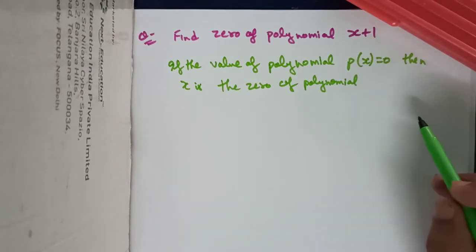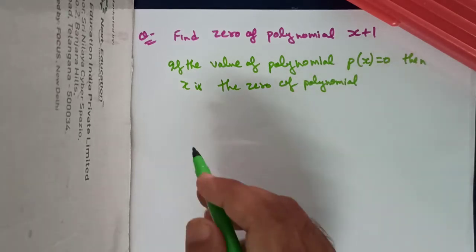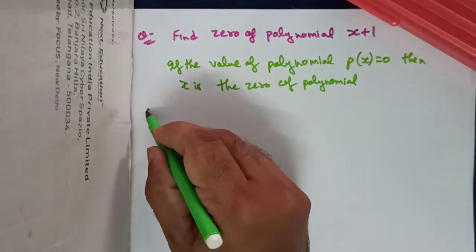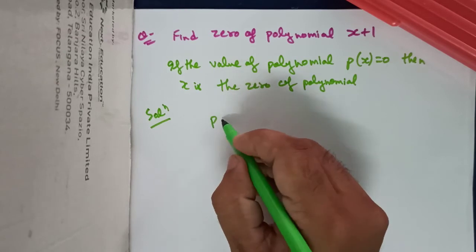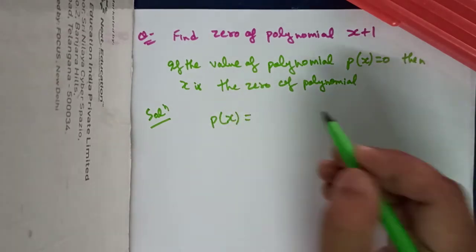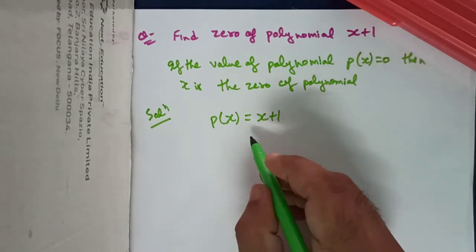Let us understand this in an example. The question is, find the 0 of the polynomial x plus 1. So for solving this type of question, first of all, what is given? A polynomial is given to us, and what is the polynomial? p(x) equals x plus 1. Remember, this is a linear polynomial.